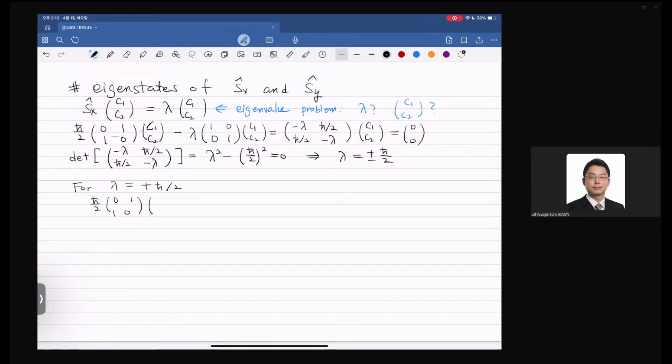So we just do this. You just need to figure out what C1 and C2 are in this case, right? In this case, the simple solution will be that they're equal. If C1 and C2 are equal, then it'll satisfy that, right? If you just do the calculation, C1 and C2 have to be equal.